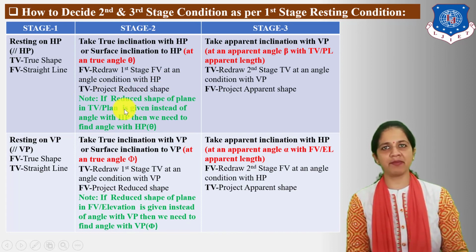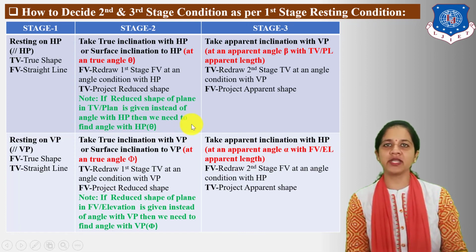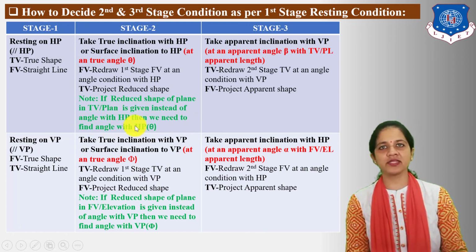Now one thing to remember: in stage 2, if the reduced shape of the plane in the top view or plan is given instead of the angle with HP, then we need to find the angle with HP, which is theta.